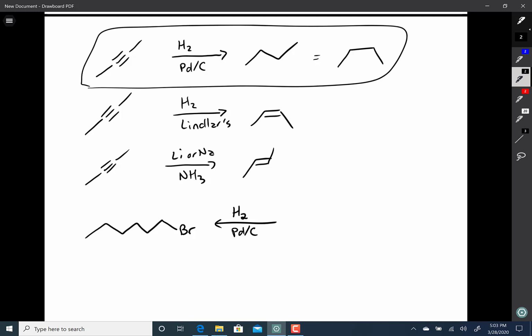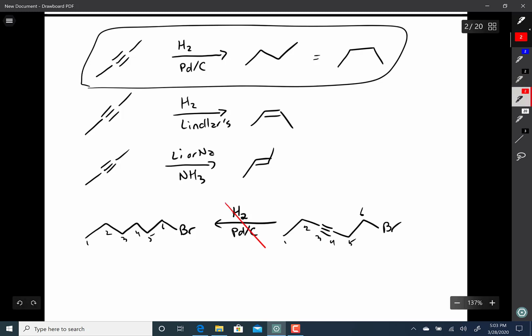You can basically take any of these alkane fragments and make them into an alkyne. It looks awfully tempting when you're going backwards to do that. Please resist that temptation, because chances are the reaction's not going to work or lead into problems later on.